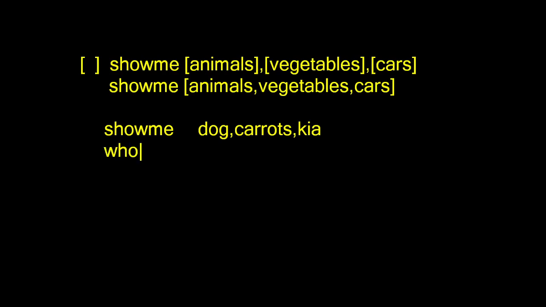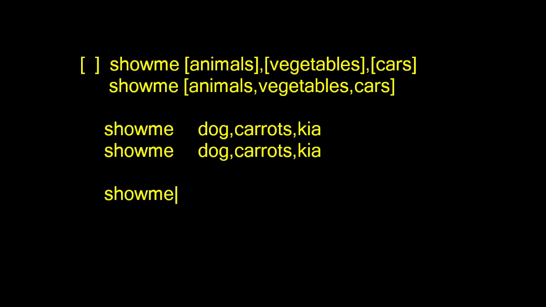The second: show me dog, carrot, Kia. But in the second syntax, you need to type the animals, vegetable, cars separated by comma. You cannot type here, show me dog only.